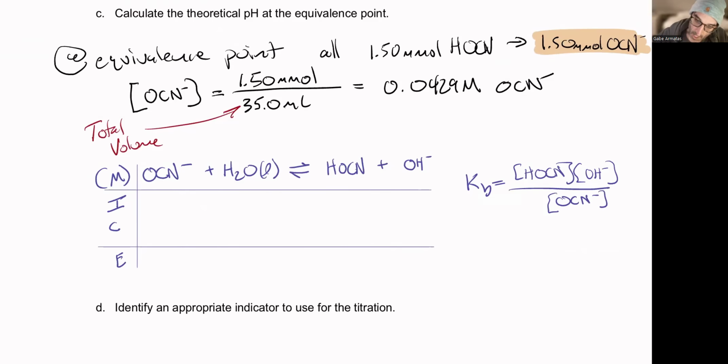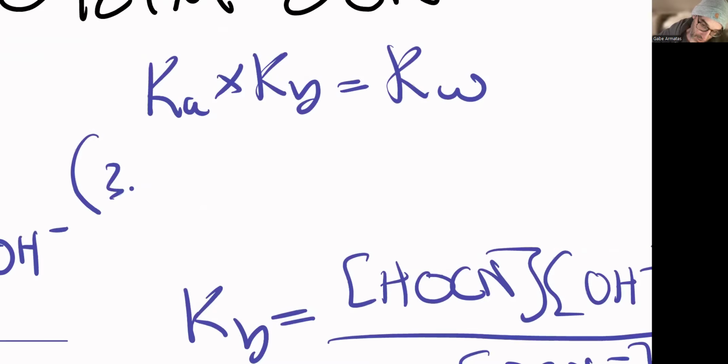Glad you asked. We do know that Ka of HOCN was 3.5 times 10 to the minus 4. Well, Ka times Kb is equal to Kw. So I know Ka, I'm going to zoom in, 3.5 times 10 to the minus 4.